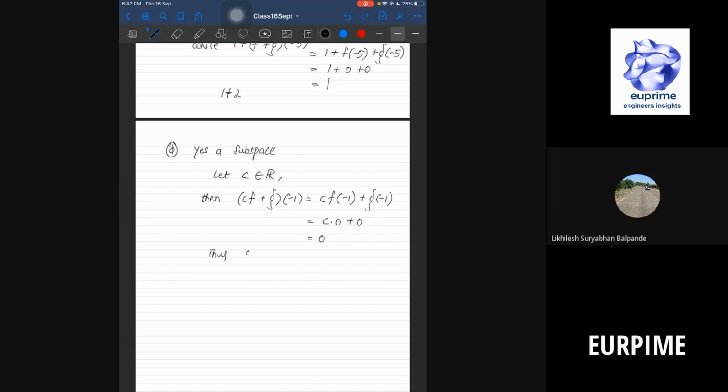Thus C times F plus G of minus 1 is equal to 0. Therefore, the set of all such functions constitutes a subspace.